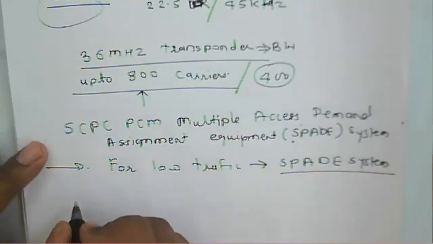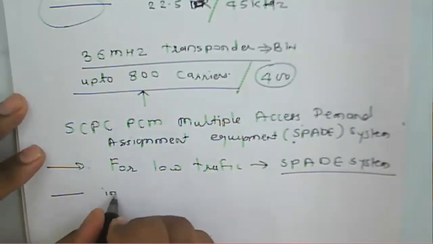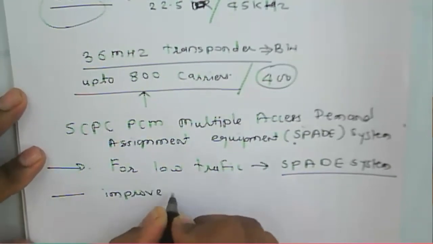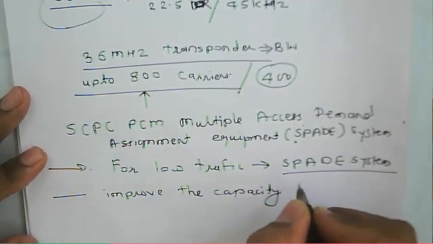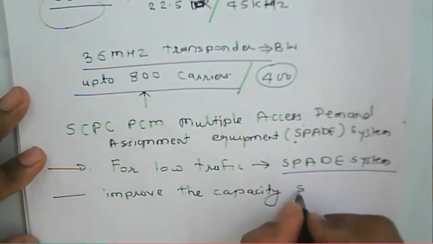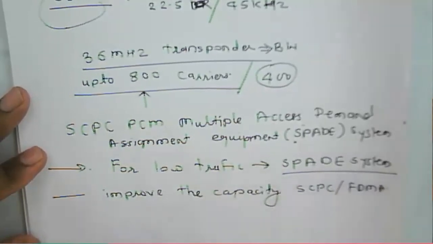So that SPADE system will improve the capacity of the single channel per carrier FDMA system.